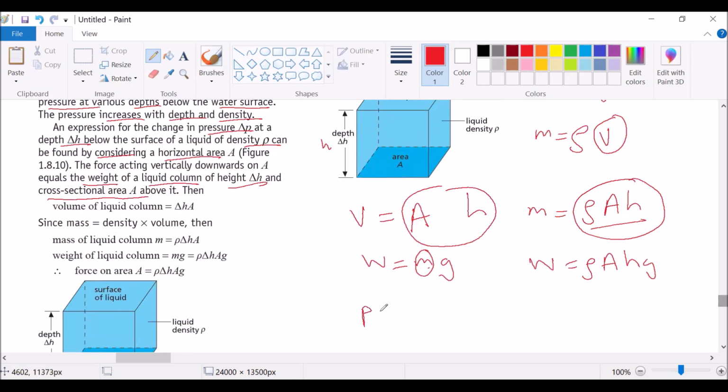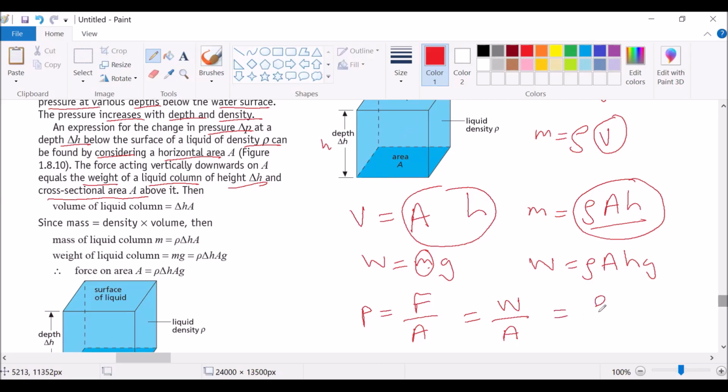Now, pressure is equal to force over area. Our force is the weight. So the force exerted by this liquid column is the weight, which is weight over area. But our weight is rho AHG.